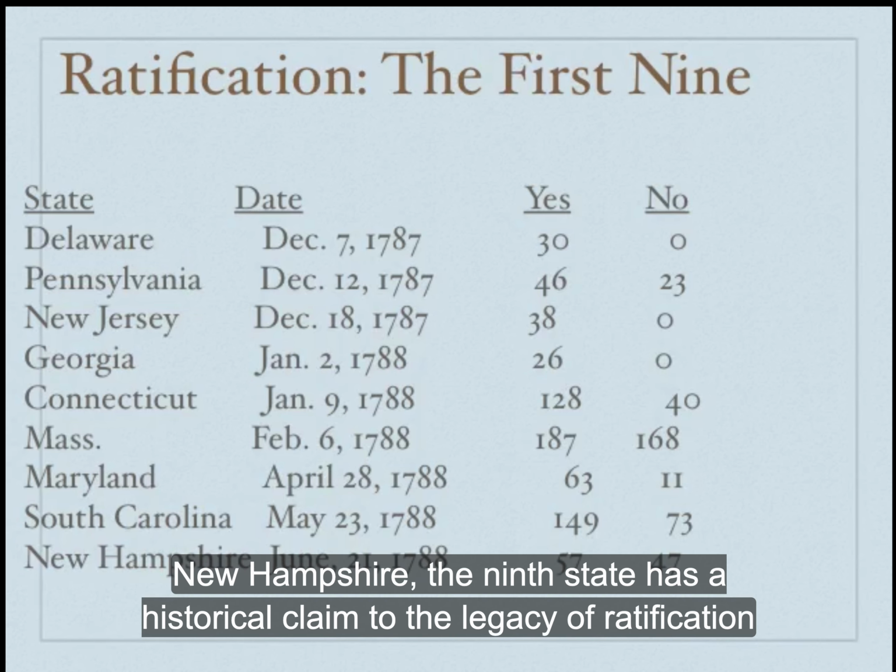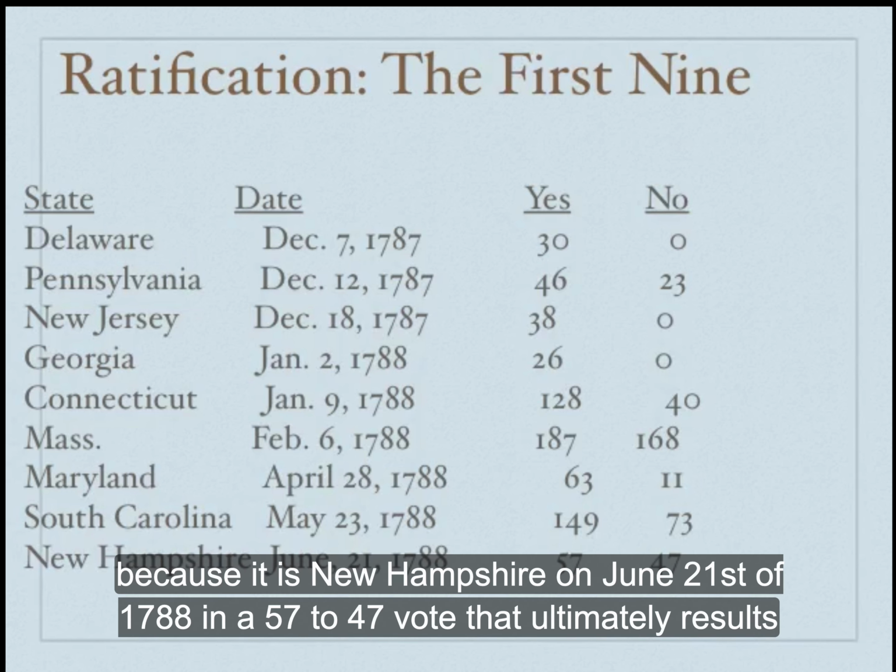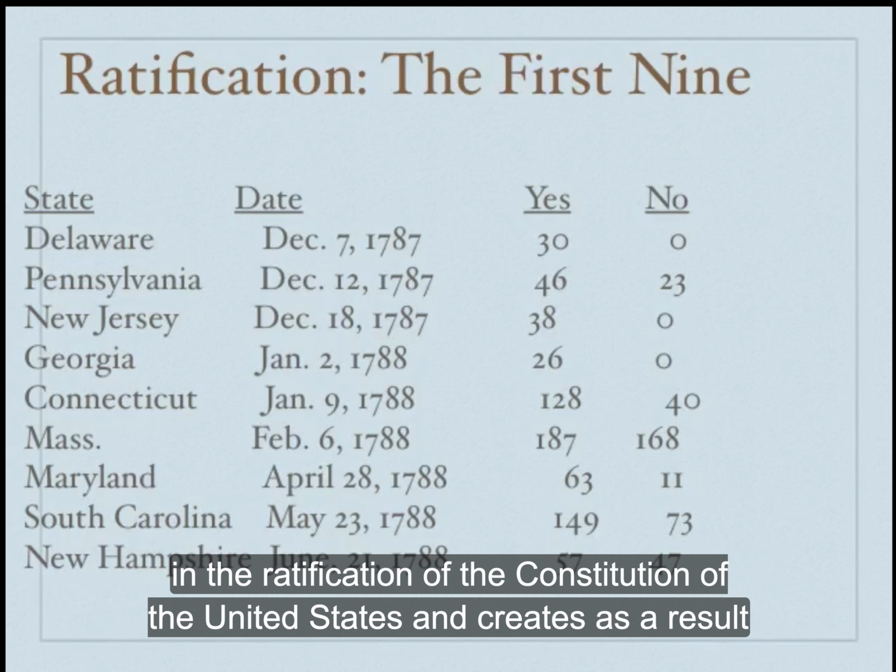New Hampshire, the 9th state, has a historical claim to the legacy of ratification because it is New Hampshire on June 21st of 1788, in a 57 to 47 vote, that ultimately results in the ratification of the Constitution of the United States.